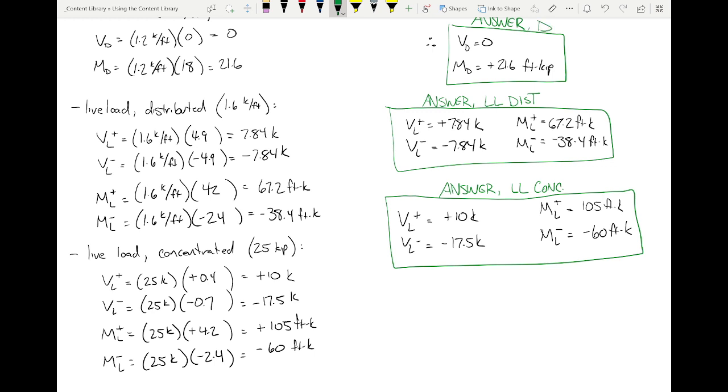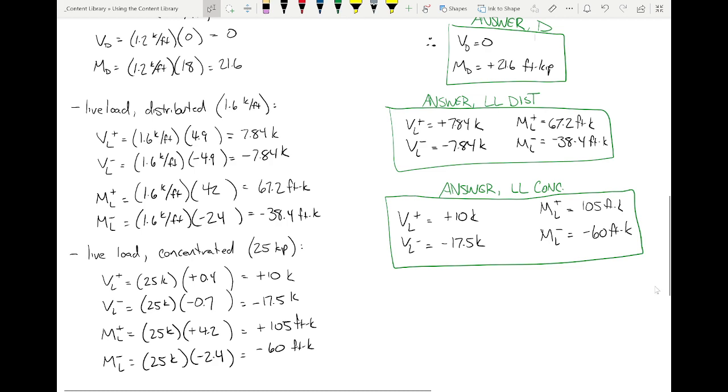We'll call this D. But we're not done because I want to look at the very final answer. I want to look at the envelope. So I got an answer for the dead load, a range for the distributed load, a range for the live load that's concentrated.